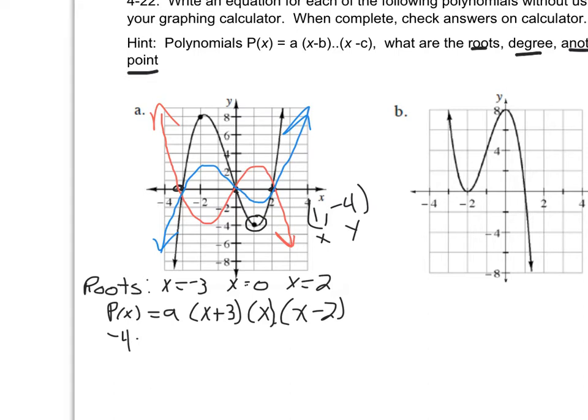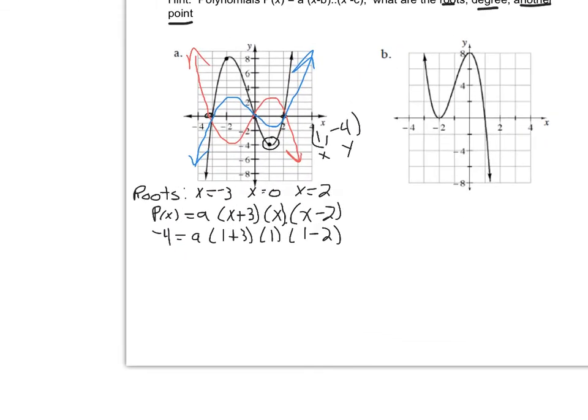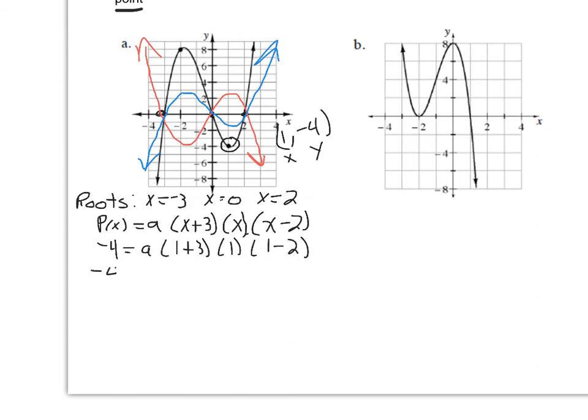So I'm going to write an equation, negative 4 equals a times, wherever x is, I'm going to replace it with 1, and that's going to give me negative 4 equaling a times 4 times 1 times negative 1, which is negative 4 equaling a times negative 4.